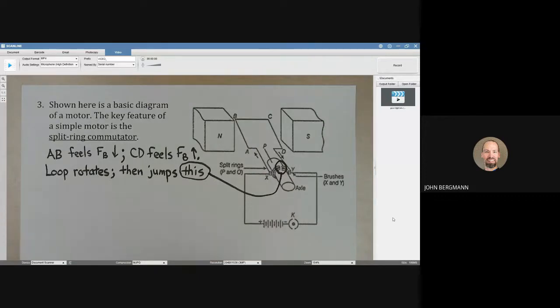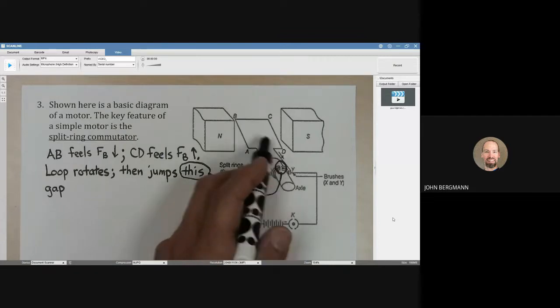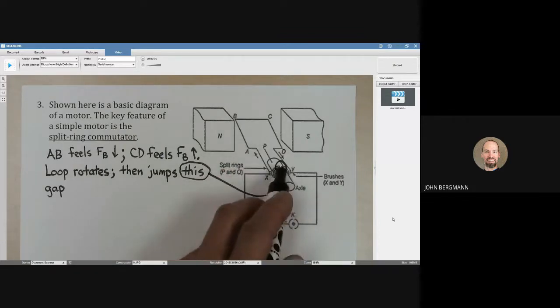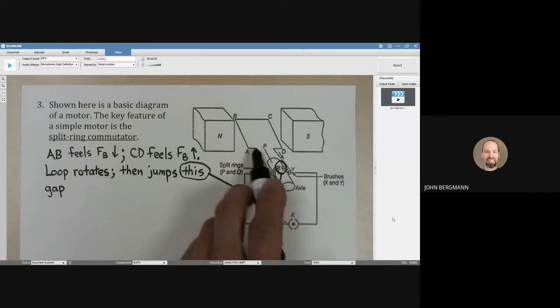It's not just going to stop immediately. It's going to keep going. So it jumps that gap. And when it jumps that gap, what was CD in this picture now basically becomes AB, because as soon as CD jumps that gap, now it's on this side, it's on the left side now, and it basically becomes AB.